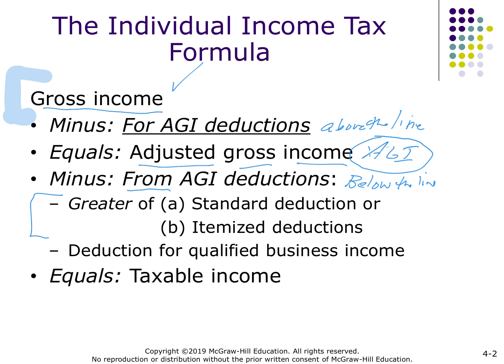And we'll talk about all of these items in turn, okay? And so you start out with gross income, you subtract your for AGI deductions, you get your adjusted gross income, then you subtract your from AGI deductions, which are either your standard deduction or itemized deductions, and your deduction for qualified business income if you have that. And then that gets you down to your taxable income.